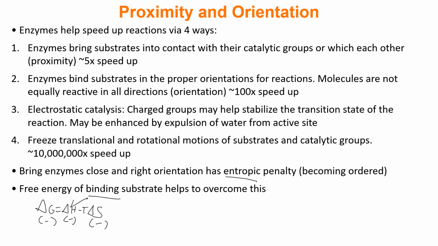Enzymes bind their substrates, and when they bind, they make new interactions. These interactions are enthalpically favorable, which makes the binding event itself favorable. So that's 4 different ways for enzymes to help speed up reactions.